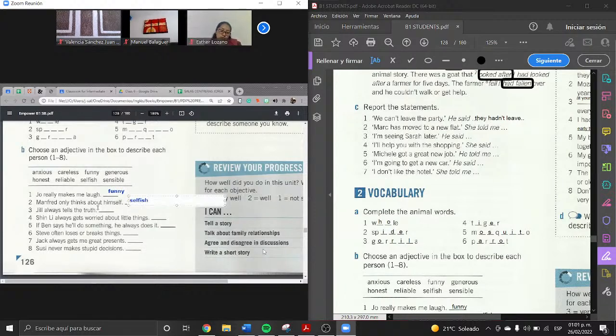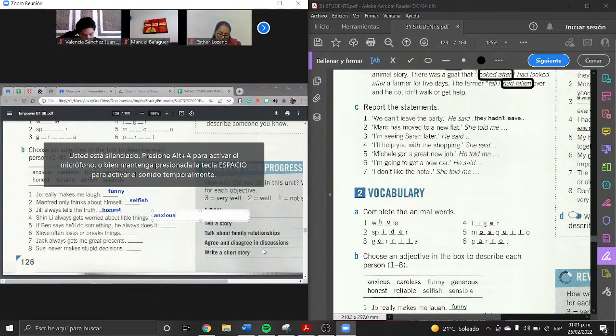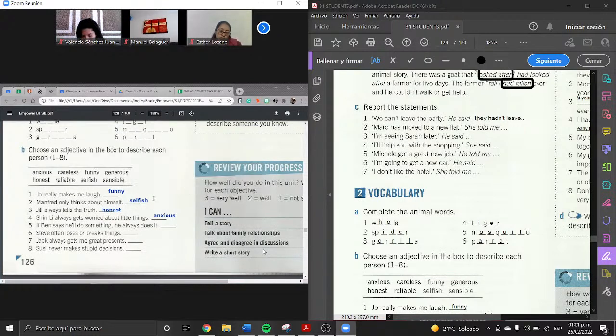Jill always tells the truth. Honest. Shin Lee always gets worried about little things. Anxious. If Ben says he'll do something, he always does it. Reliable.